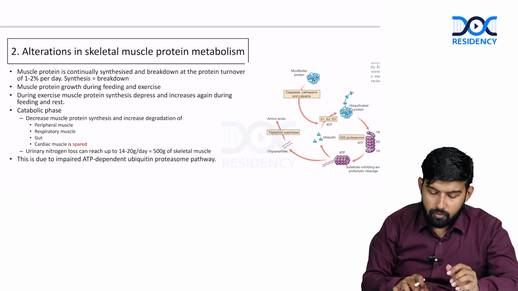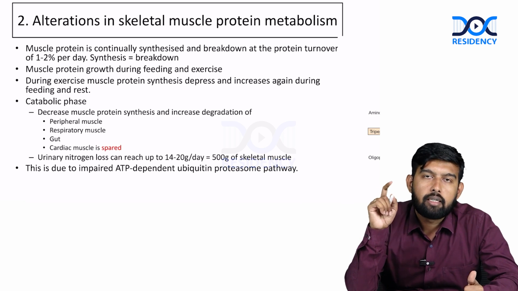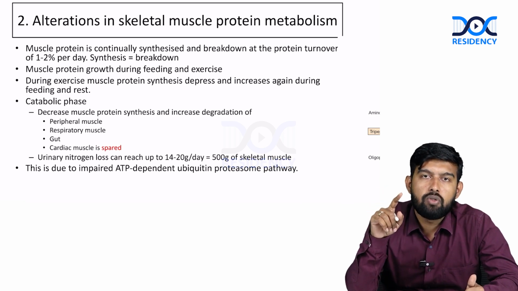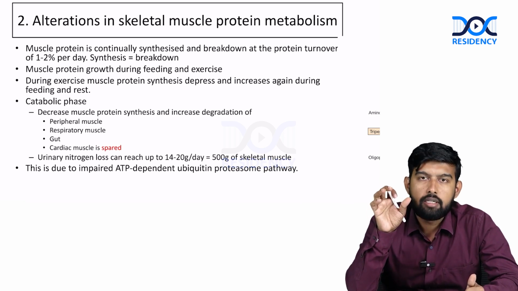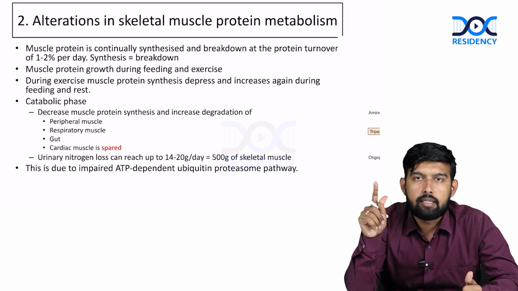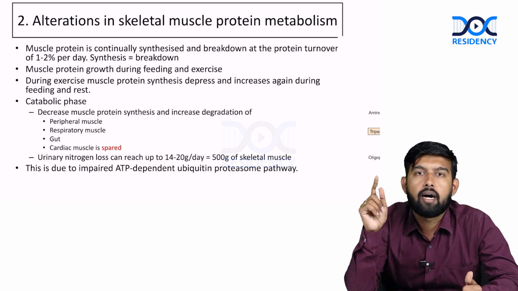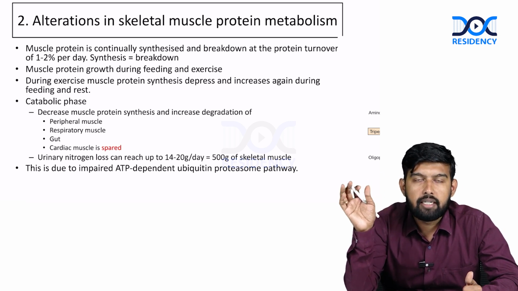We have already seen that during the process of catabolism, the body tries to convert and divert energy from the peripheral tissue like muscles and skin towards the vital organs like heart, brain, liver, and the kidney.